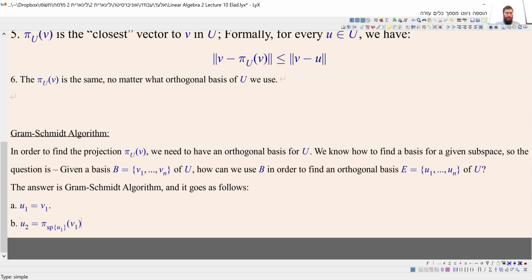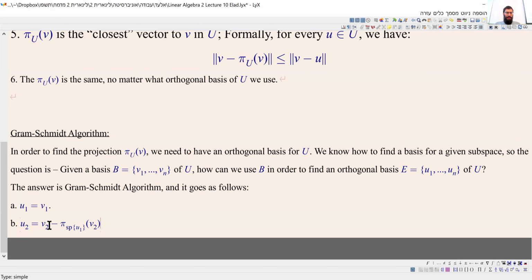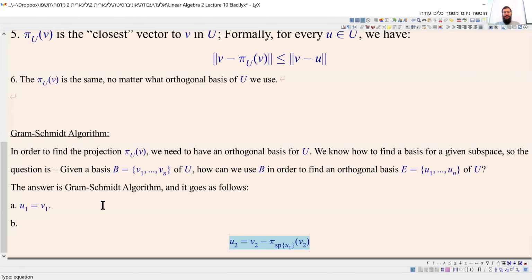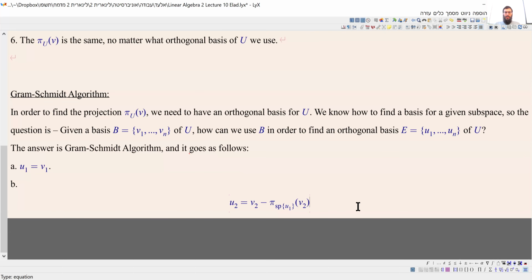We take V2, the second old vector, and we subtract the projection of V2 over the span of U1. Explicitly, one can write it down in a different row, probably bigger: V2 minus the following, and it's the projection.